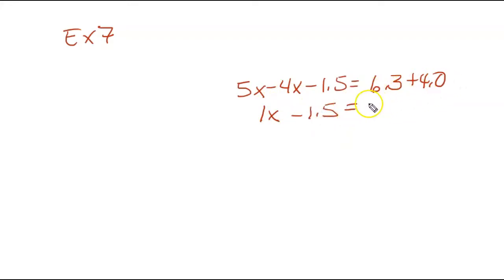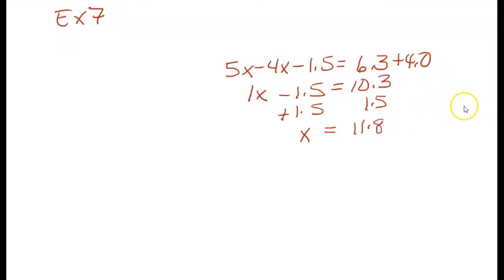And then we can combine this into 10.3. So what do we do to get our solution? Well, we're going to add the additive inverse of a negative 1.5, which is a positive 1.5, to both sides.